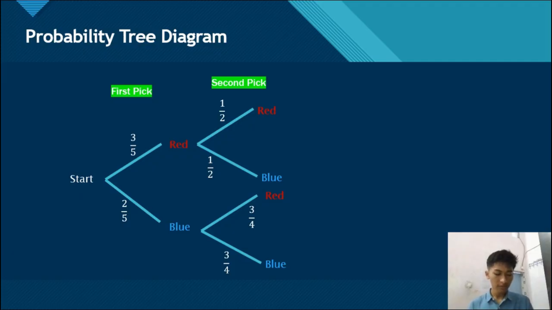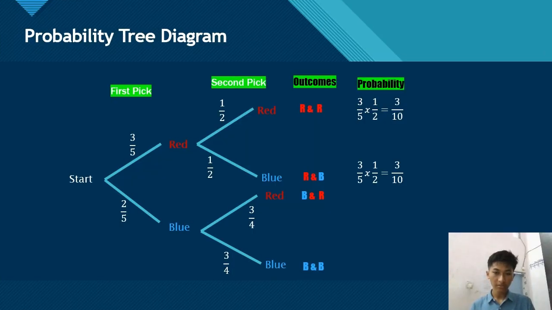So moving from the start, the probability of getting 2 red sweets is 3 over 5 multiplying by a half, which equals 3 over 10. Okay, this is outcome red and blue and red. Finally, blue and blue.